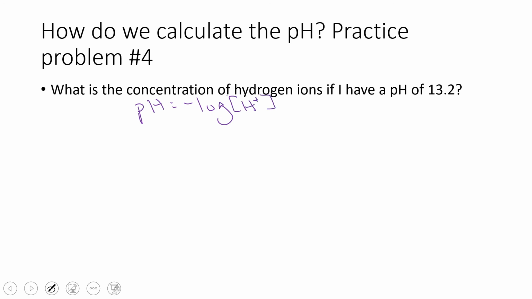This can be rewritten so that we have the hydrogen concentration all by itself. What that looks like is H plus is equal to 10, because that's the base of our log, to the negative pH.